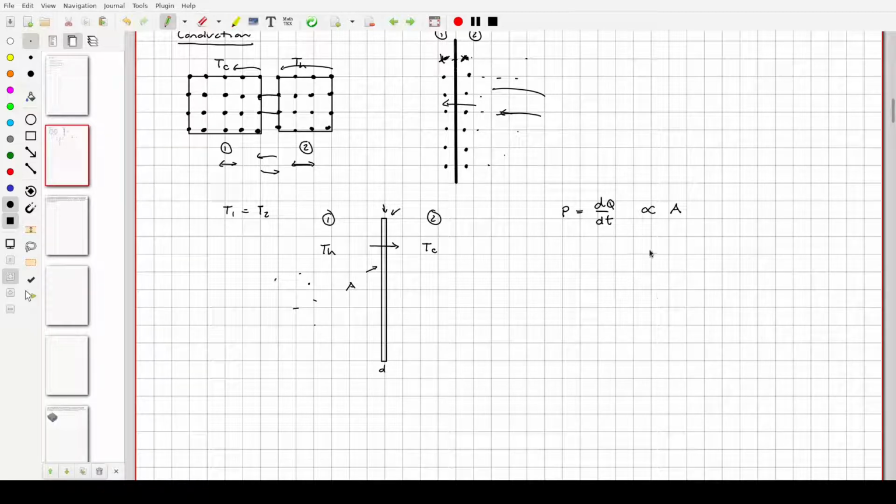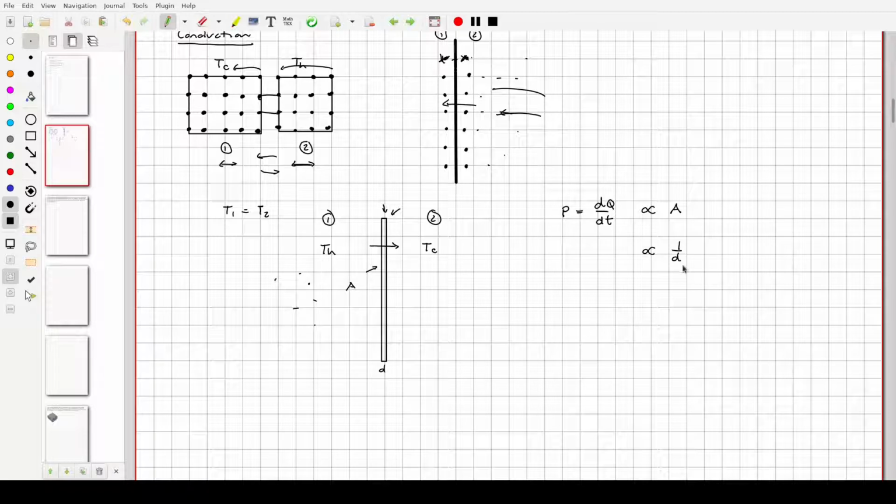Now, another thing that this is proportional to is 1 over the thickness of the material. The thicker the material, the less power loss. Okay? Think of it like wearing a shirt versus a thick coat whenever you go outside on a cold day.